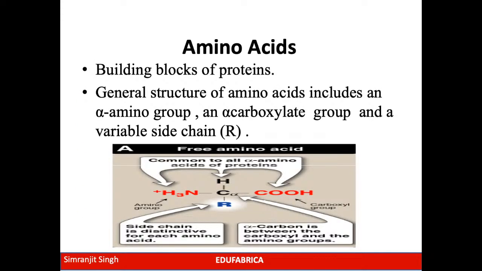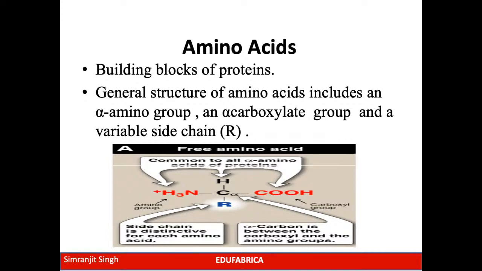So amino acids, as we know, are the building blocks of proteins. The general structure of an amino acid includes an amino group on the left hand side, an alpha carboxylate group on the right hand side, and the variable side chain, that is R. This is common in all of the amino acids.